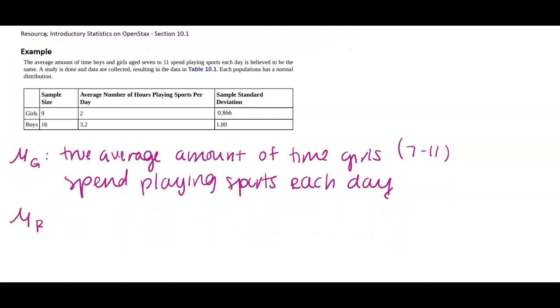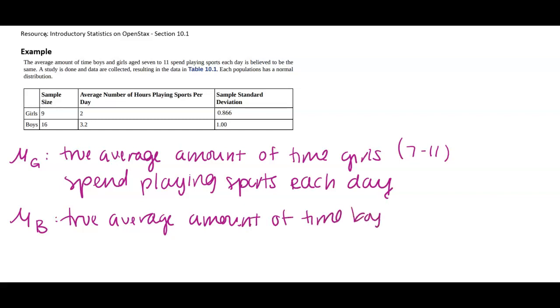And we'll say mu b is the true average amount of time boys 7 to 11 spend playing sports each day, and same thing there.